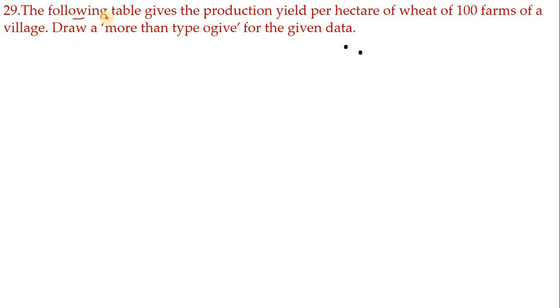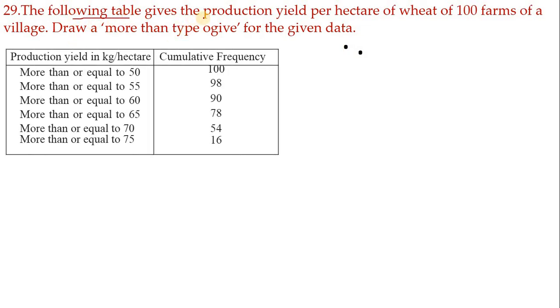The following table gives the production yield per hectare of wheat of 100 farms of a village. Draw a more than type ogive for the given data. Children, the ogive problem is also very important for this academic year.